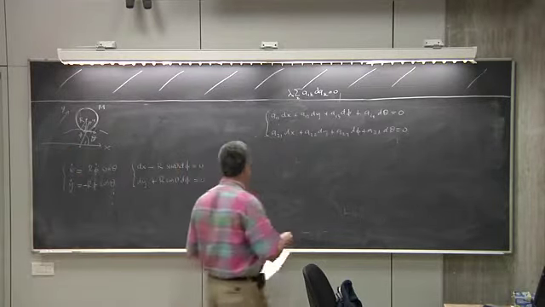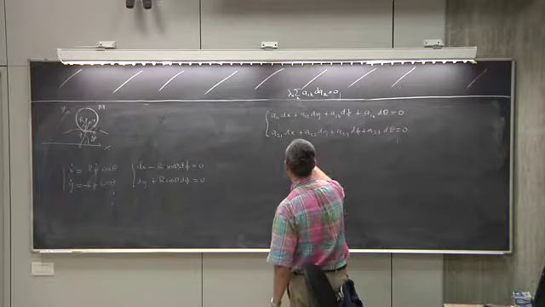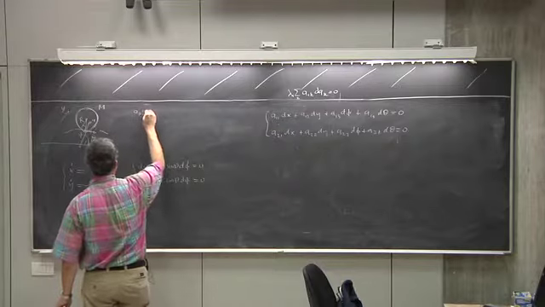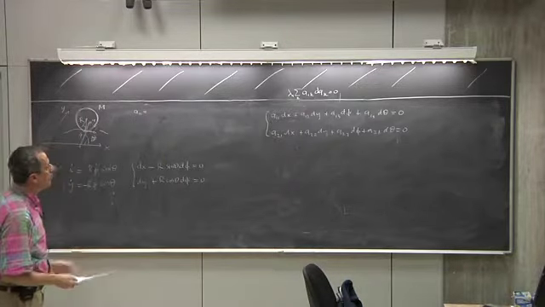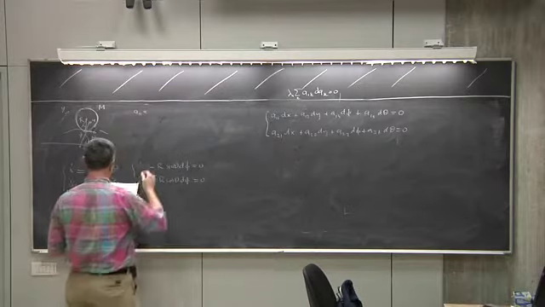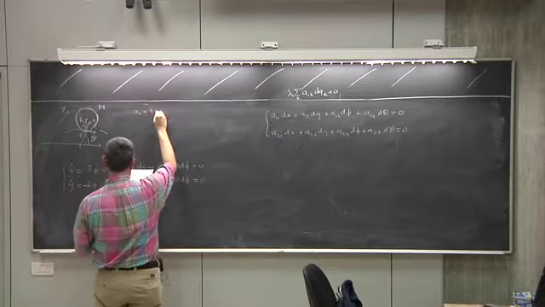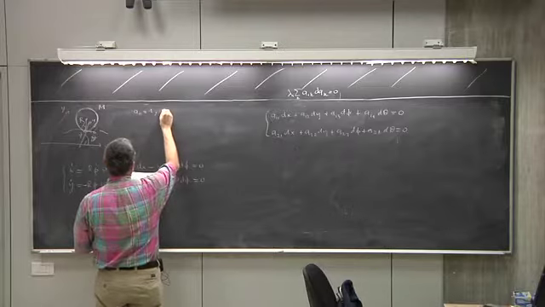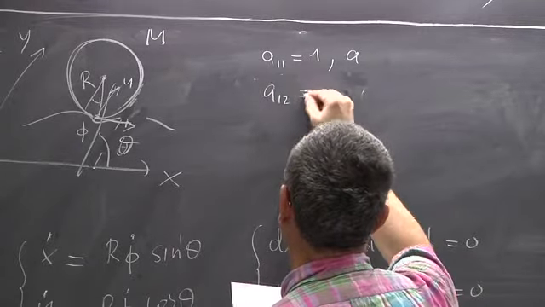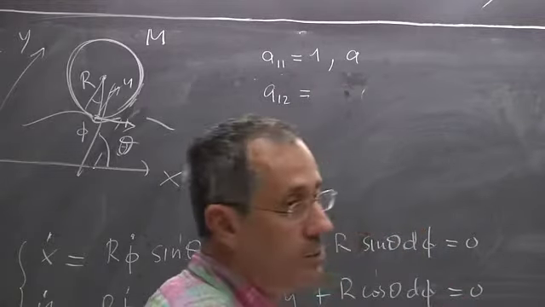So I can identify, so for instance, what is A11? Yes, right, this. So you look, and it's there. Good. What is A12? Yes, 0. You all agree?